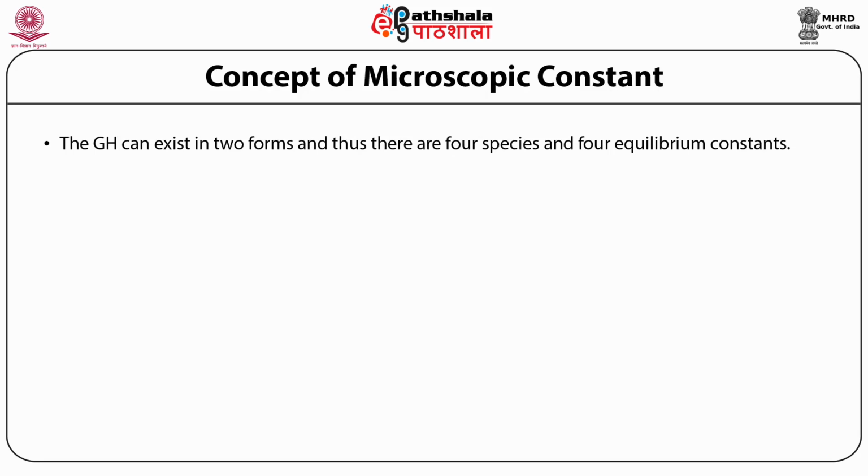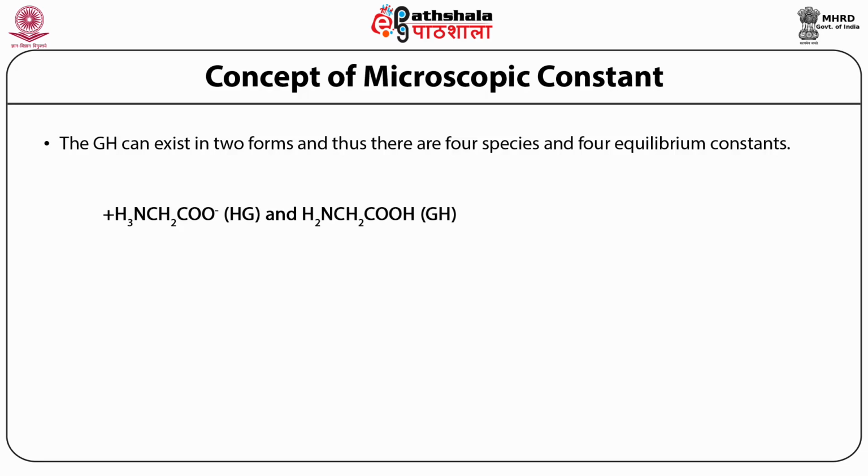Therefore, if we go to the microscopic level, we can think of 4 different equilibrium constants in place of the 2 constants when we are just considering macroscopic constants. So your GH can exist in 2 different forms.